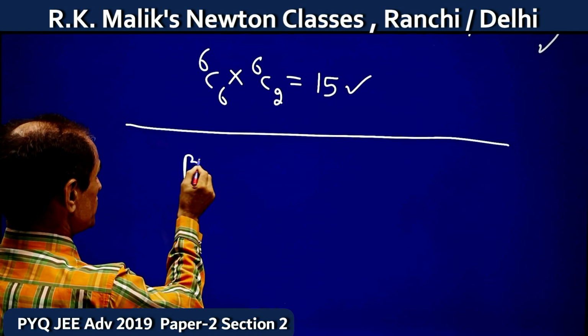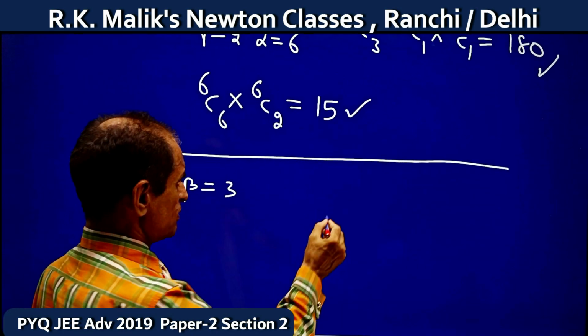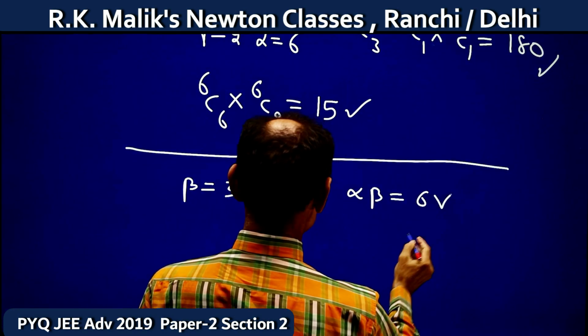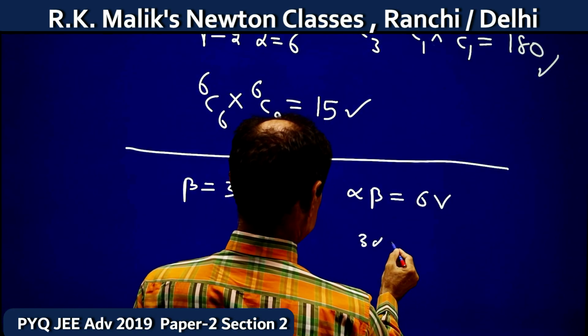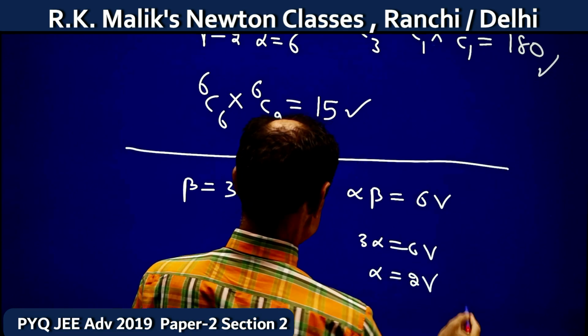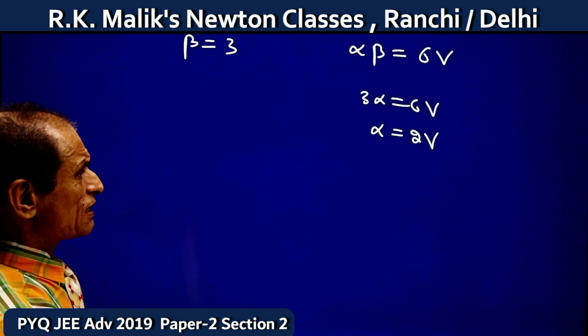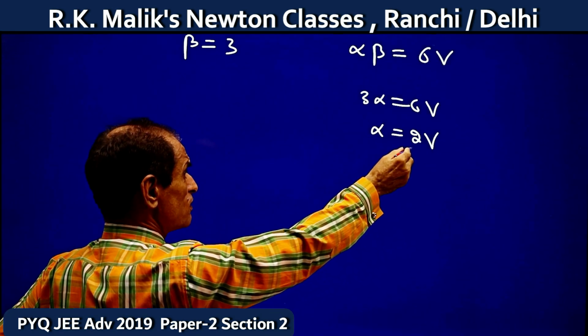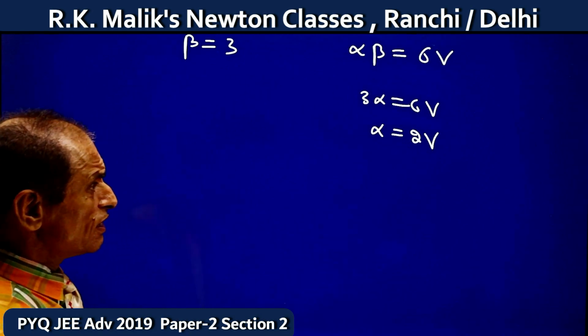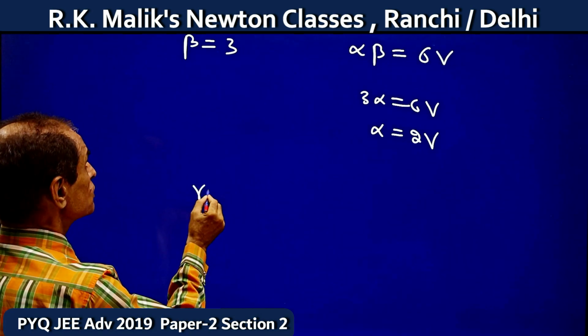Now take the case when beta is 3, then alpha beta equal to 6 gamma will mean 3 alpha is equal to 6 gamma, that is alpha is equal to 2 gamma. I can't choose a value of gamma as 1 because alpha cannot be 2. I start with gamma equal to 2.